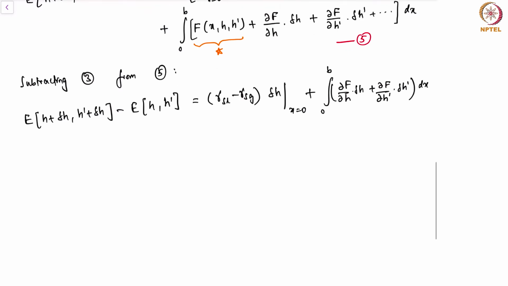This quantity on the left hand side we label as delta E.